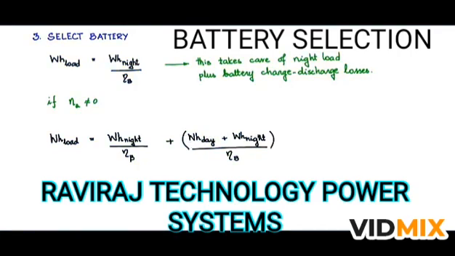Now this would be the entire load of the day, and the battery has to supply this complete load for the entire day for how many days the sun power is not available, which is the number of days of autonomy, into NA. Now this would give you the total watt hours that the battery has to cater to. So this can be simplified as watt hour night by efficiency of the battery into NA plus 1 plus watt hour day by efficiency into NA.